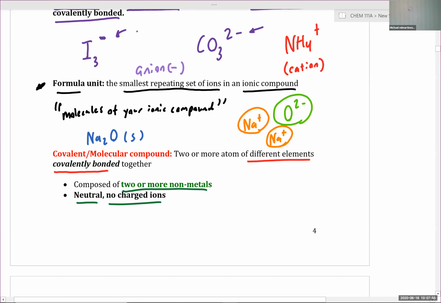Water is a good typical example. Other examples include carbon monoxide and methane. In all of these examples, we have 2 or more nonmetals, and each of the components of the compound is neutral. There's no charged ion present in any of these compounds.